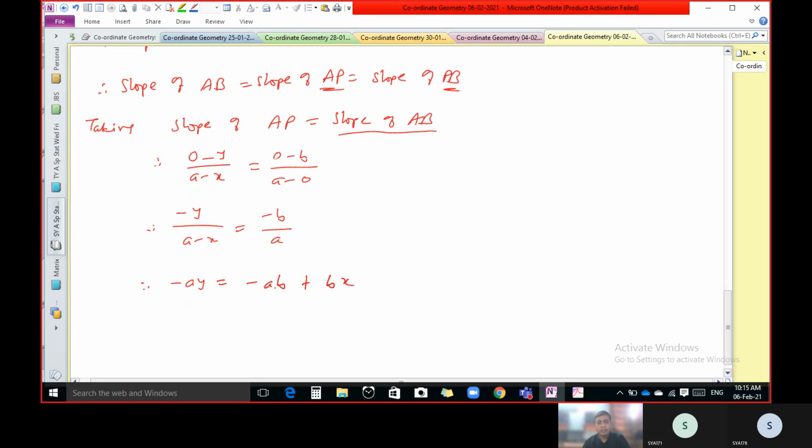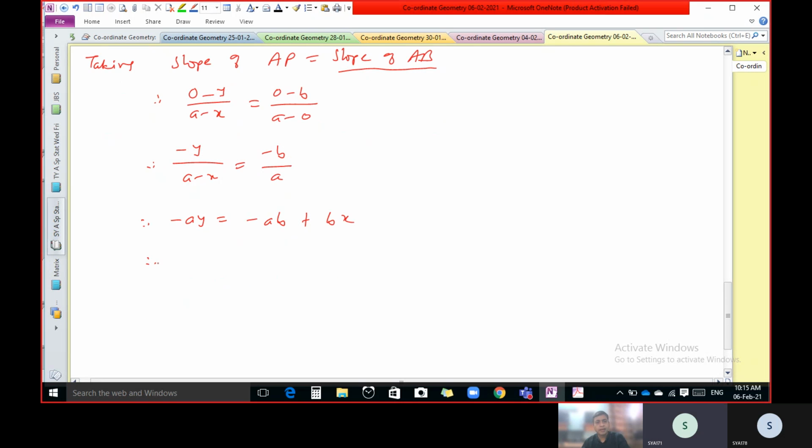Now take this minus ab to the left side and minus ay to the right side. So what we get? ab is equal to ay plus bx, or you can write bx plus ay equal to ab.